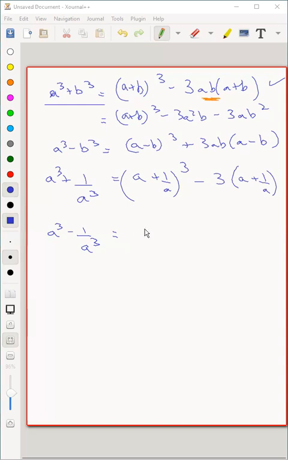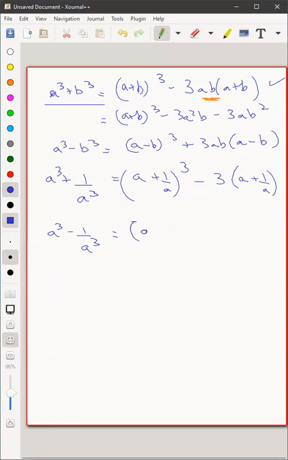A cube minus 1 upon A cube is equals to A minus 1 upon A, the whole thing cube, plus 3 brackets A minus 1 upon A. Correct? Yes. Sarah, you have a doubt?